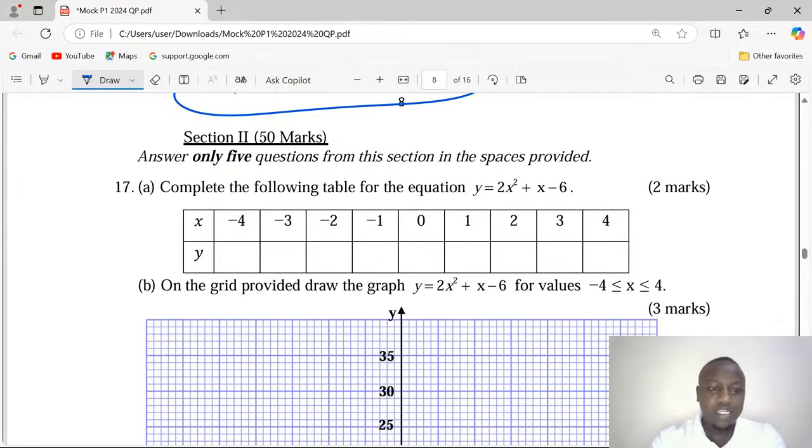Number 17. Answer only 5 questions from this section in the spaces provided. Remember, the instructions are very strict. We only answer 5 questions in Section 2, whereby we select from a pool of 8 questions.